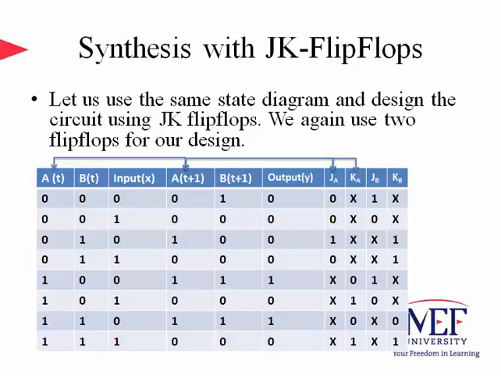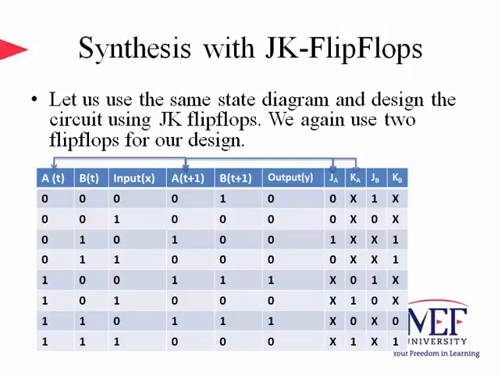The JA and KA are the inputs of the first flip-flop that we name A. The JB and KB inputs are for the second flip-flop that we name B. Based on the excitation tables, we find the appropriate zeros and ones and don't care conditions for JA, KA, KB, and JB ports.